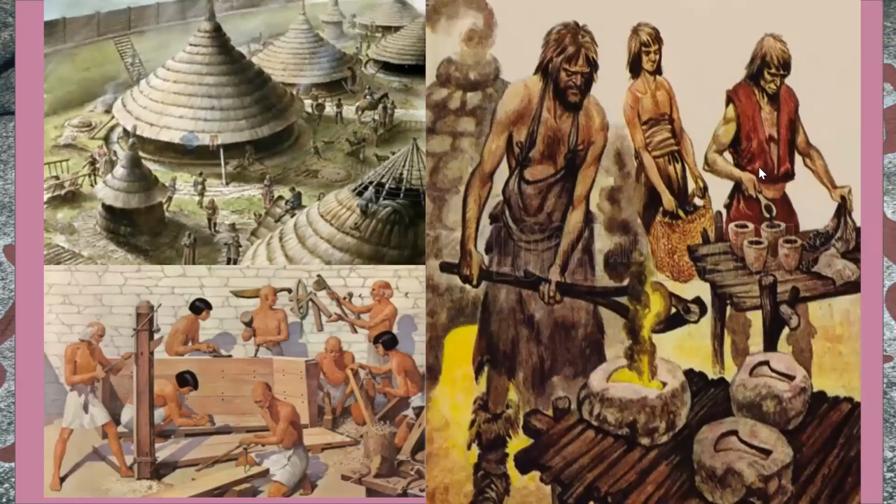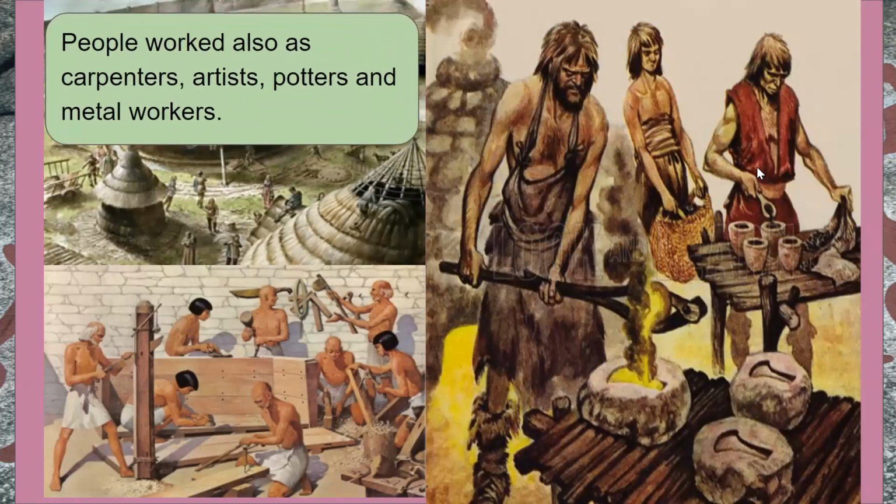People kept geese, goats, herds of cows, and flocks of sheep during this time. Aside from farming, people worked as carpenters, artists, potters, and metal workers. Metal workers or blacksmiths were the most important group in the Iron Age.